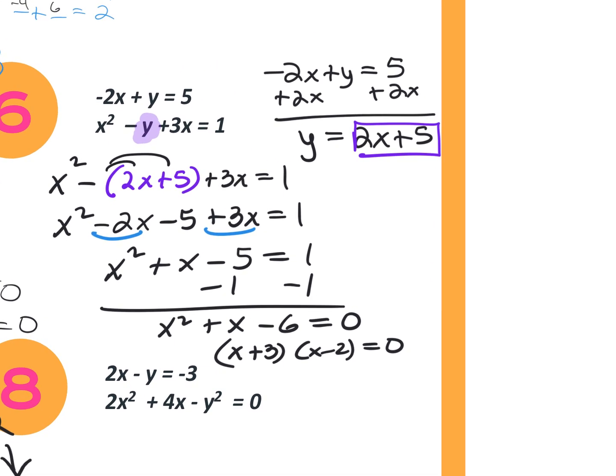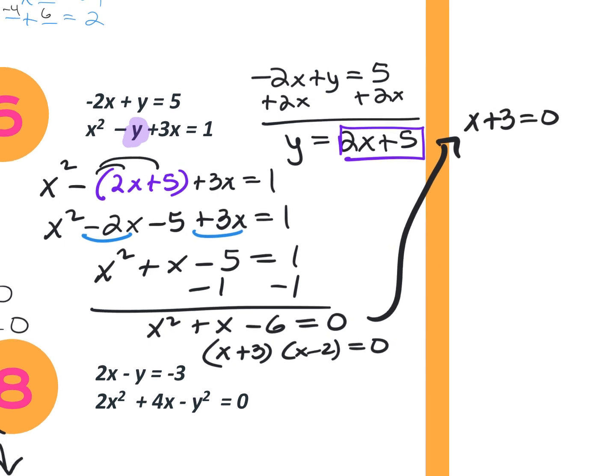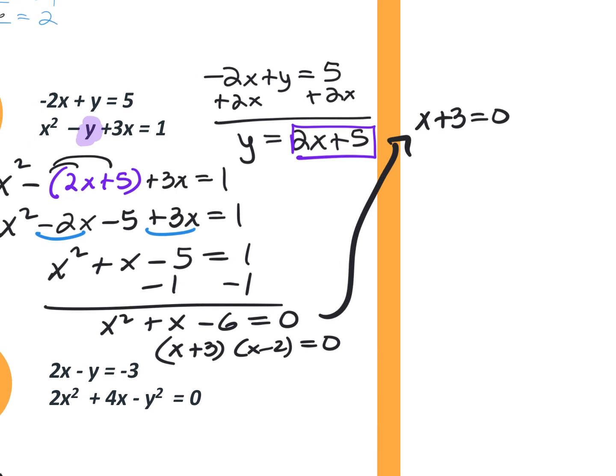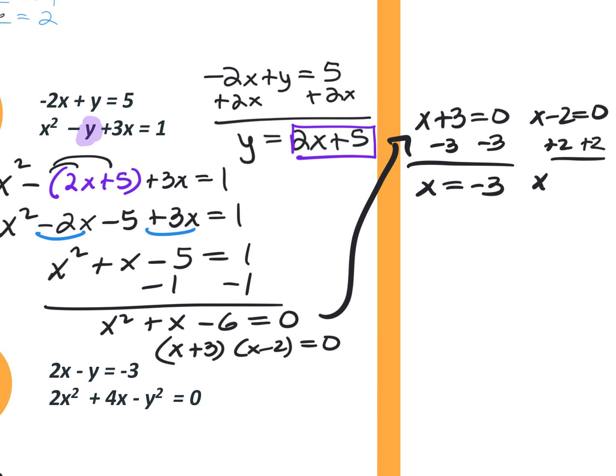So let me come on over here to the side. So I'm going to take x plus 3, set it equal to 0, and x minus 2, and set it equal to 0. This is going to give me my two x values of my two ordered pairs. But then I have to take each of these x values and plug them back in to either one of the original equations or my rearranged.